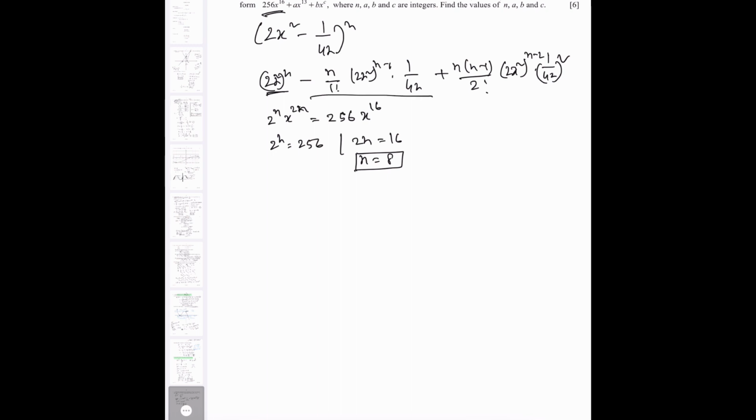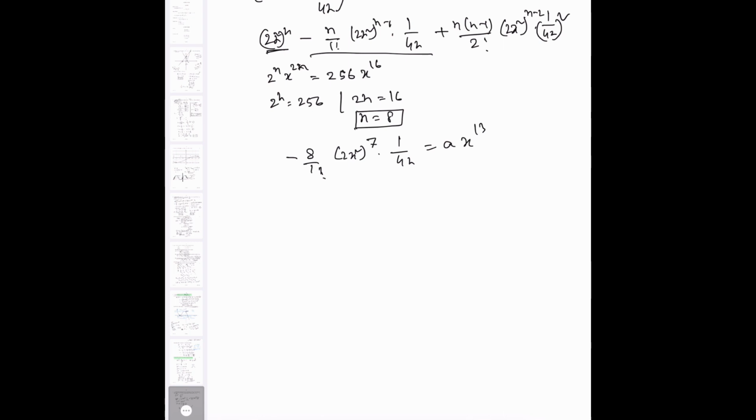To write the second term, let me use this 8 value. 8 by 1 factorial, 2x squared to the power 8 minus 1, that is 7, into 1 by 4x, equals a x to the power 13.